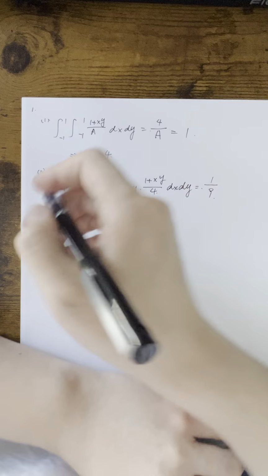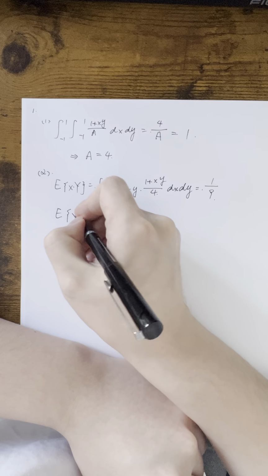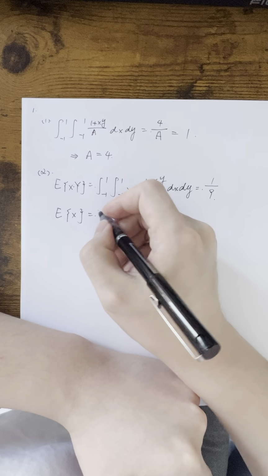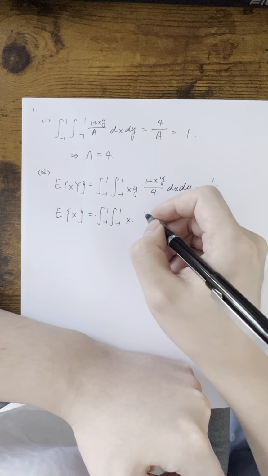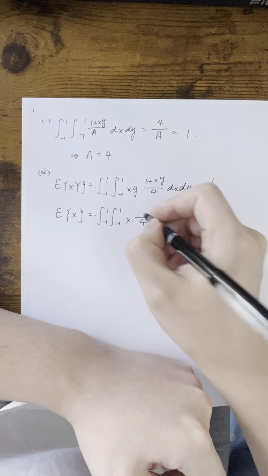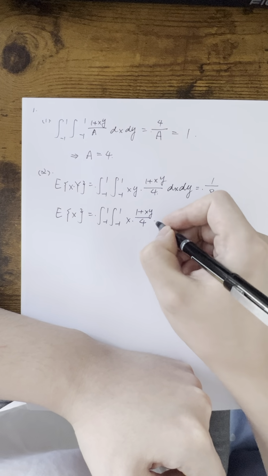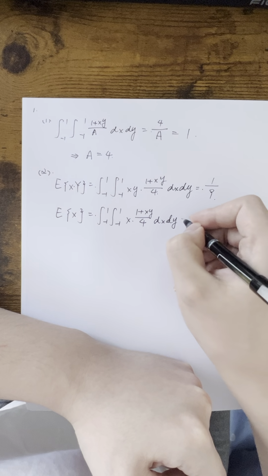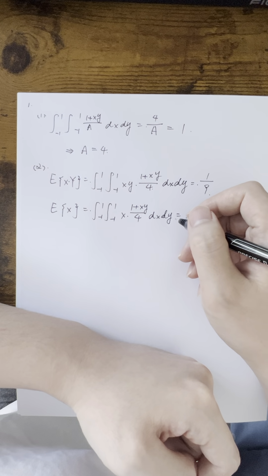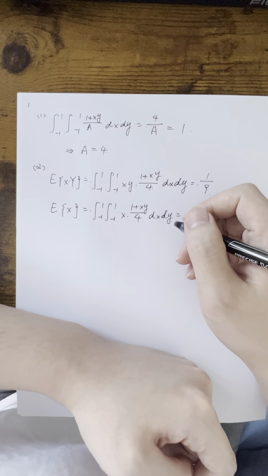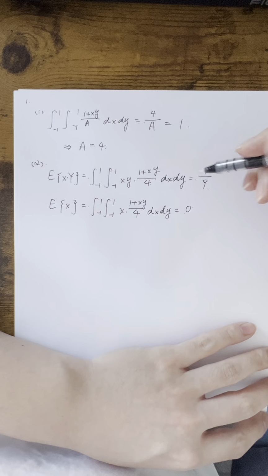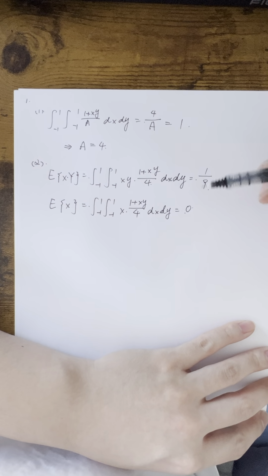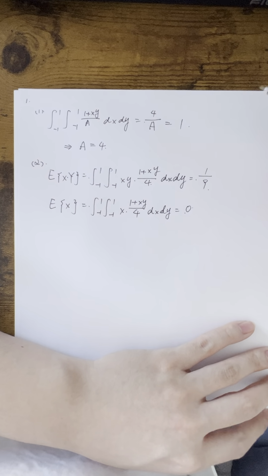The expected value of XY is 1 over 9. And the expected value of X is also easy to calculate, and this is equal to 0. Since E[X] is equal to 0, we don't need to calculate E[Y].